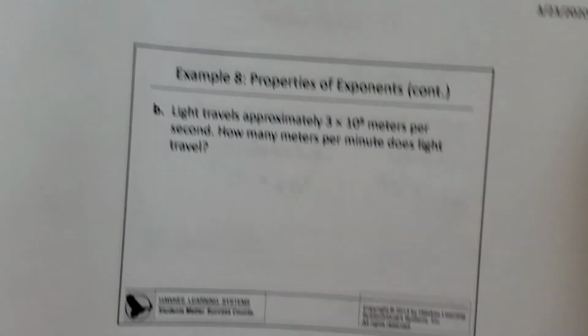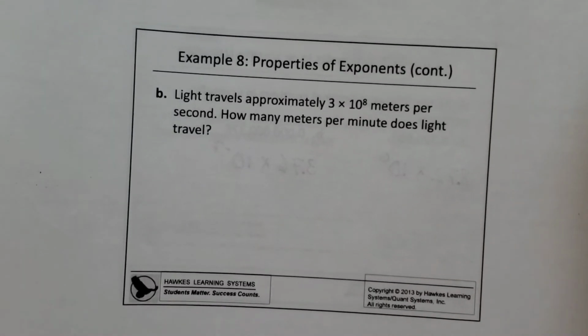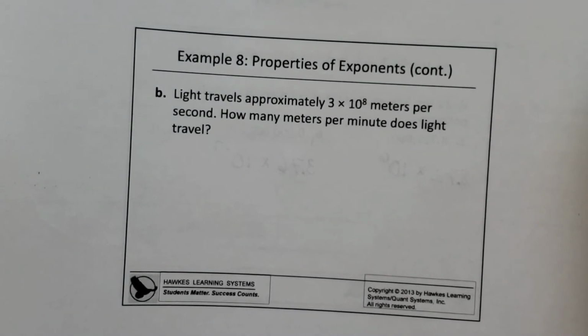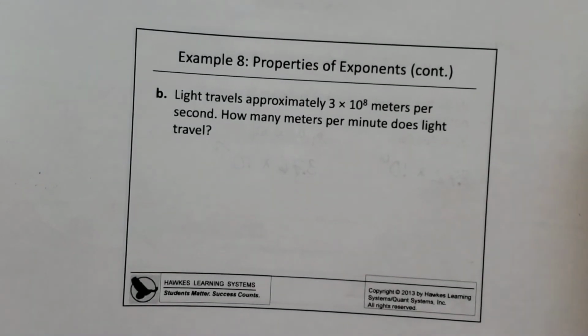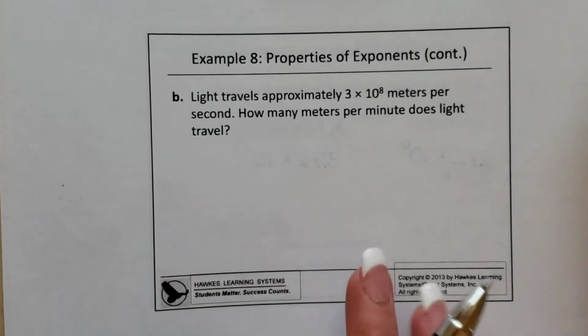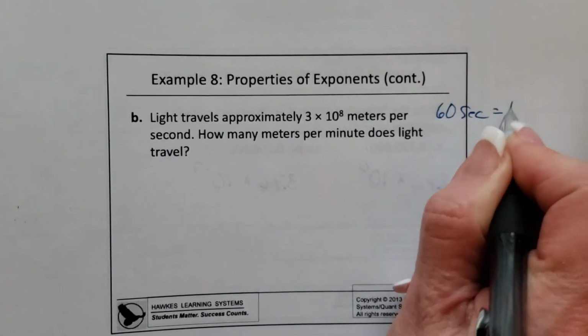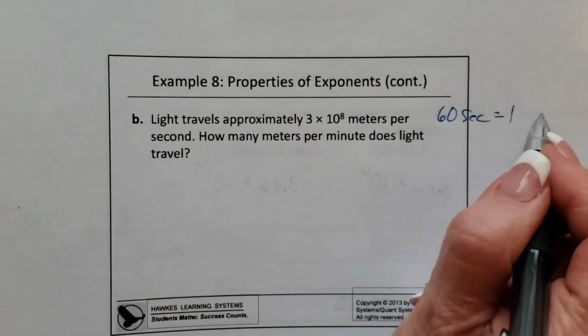All right, now we have a word problem. Light travels approximately 3 times 10 to the 8th meters per second. How many meters per minute does light travel? Well, how many seconds are in a minute? We have 60 seconds equals 1 minute.